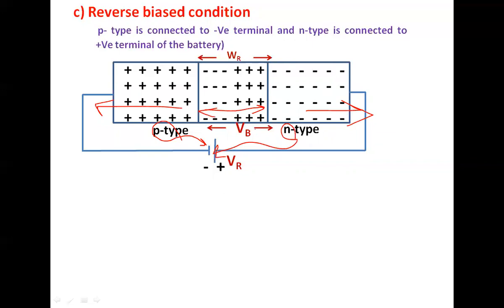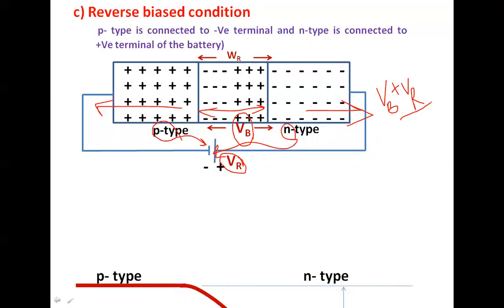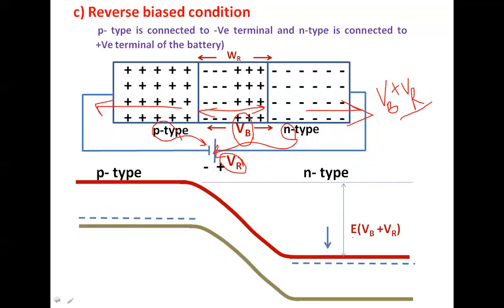As a result, suppose we have applied a reverse bias potential of VR, and VB is the already existing potential because of the formation of the p-n junction. The resultant potential will be VB plus VR. As the potential width is increased, the Fermi energy level in n-type goes down, because we need to increase this width.